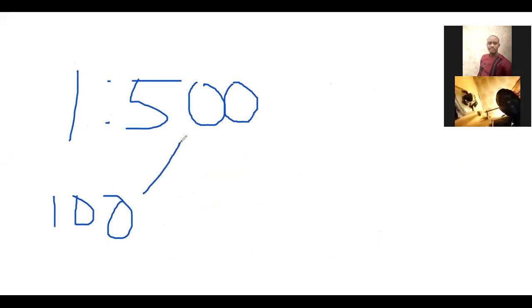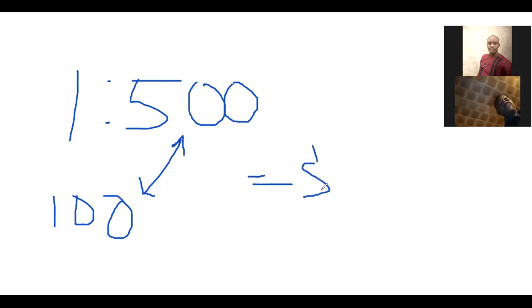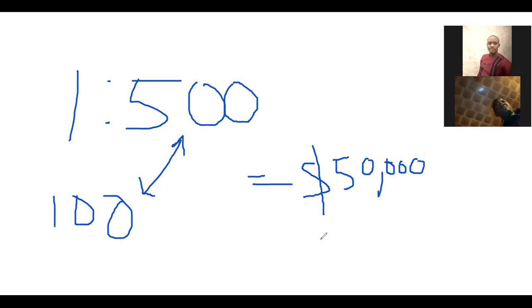But because of this 1:500, it will be 100 times 500, and that's $50,000. So the brokers convert your $100 to $50,000.